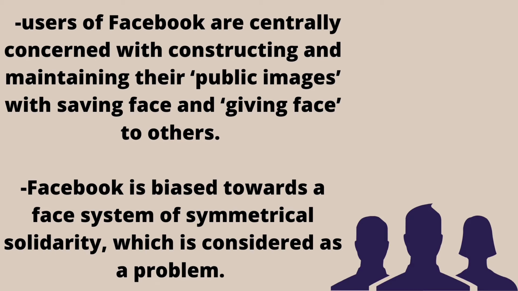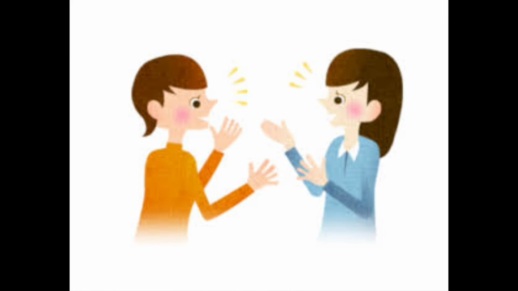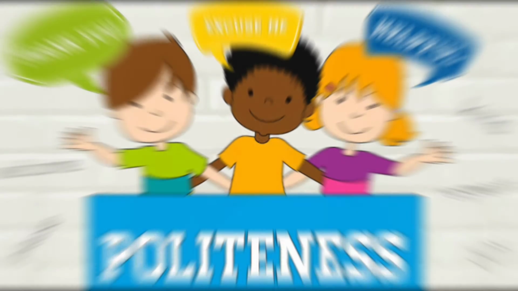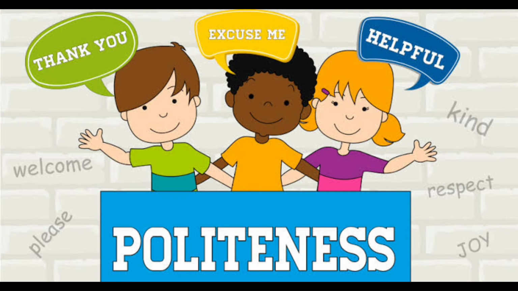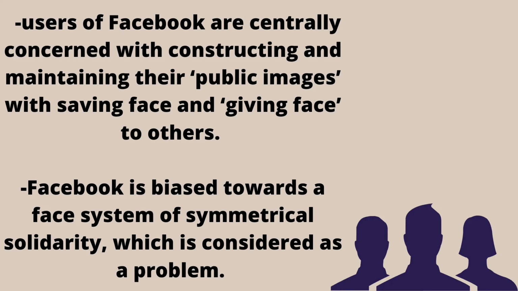Furthermore, people keep their performance in communication, which must be reflected in their face, and people use politeness. Next, Facebook is biased towards a face system of symmetrical solidarity, in which the parties are both close and relatively equal in status.